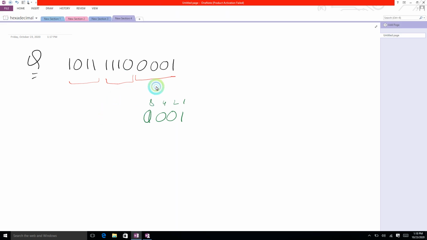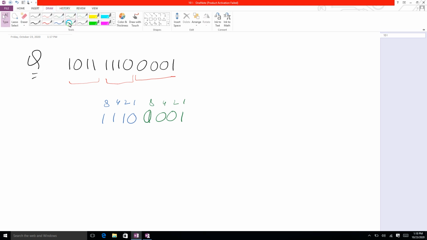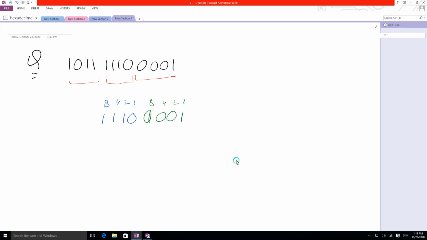Then taking another group of 4 bits, 0 1 1 1, 1 2 4 8, I will assign separately. And then the third group, 1 1 0 1, 1 2 4 8.